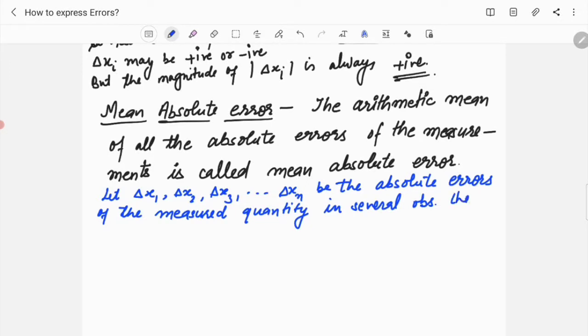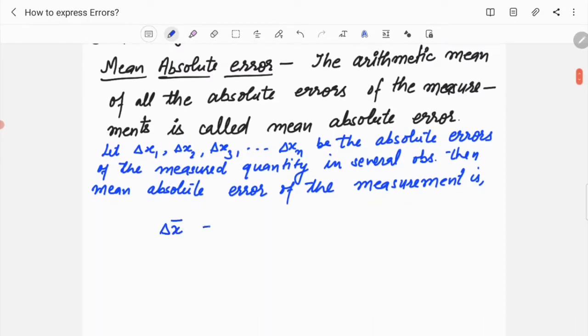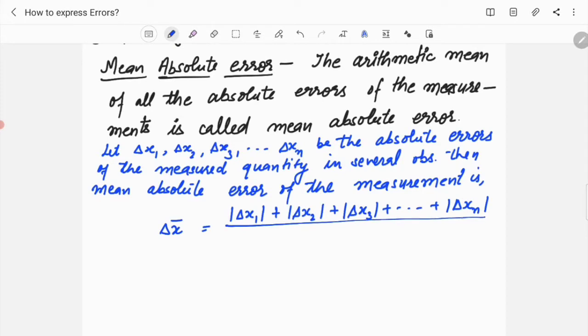Then the mean absolute error of the measurement is delta x bar equals mod of delta x1 plus mod of delta x2 plus mod of delta x3 up to mod of delta xn, divided by n.